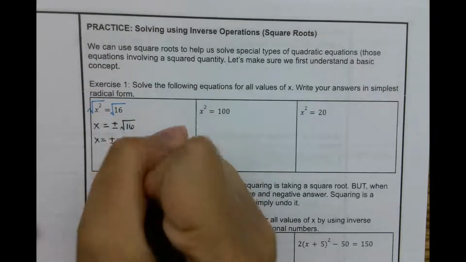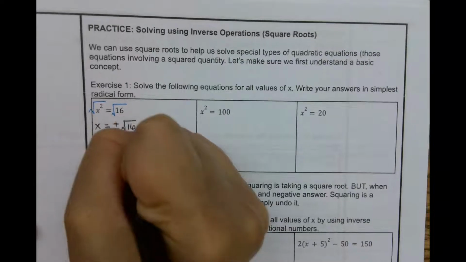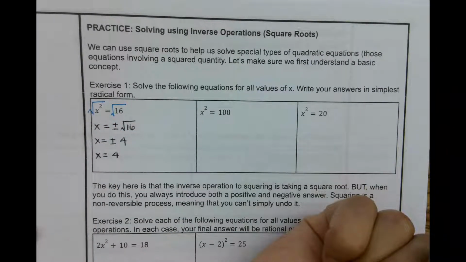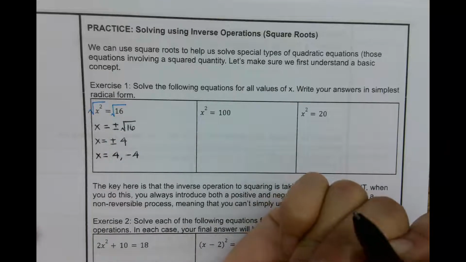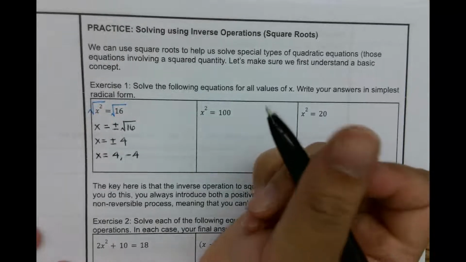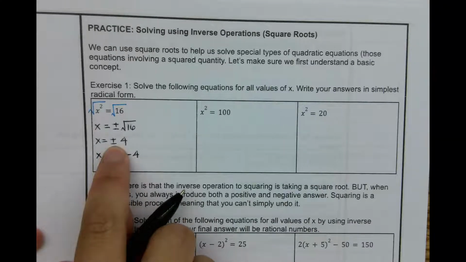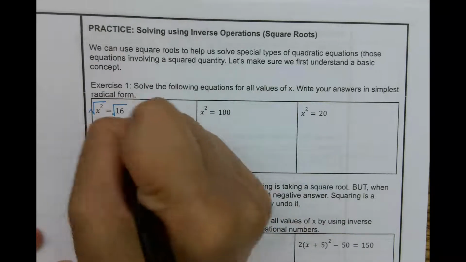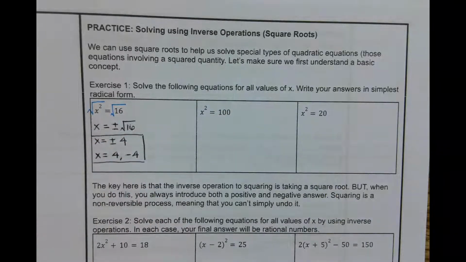When I write plus minus 4, really what it means is that x equals positive 4, that's one of my solutions, and x equals negative 4. Sometimes we mathematicians get lazy, so instead of writing positive 4 and negative 4, we write it as plus or minus 4. I will accept both, so that is up to you. Let me explain why it is both positive 4 and negative 4.